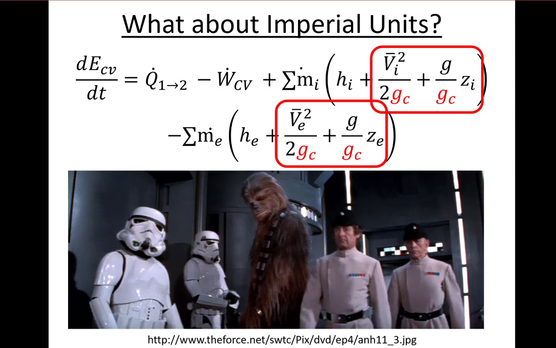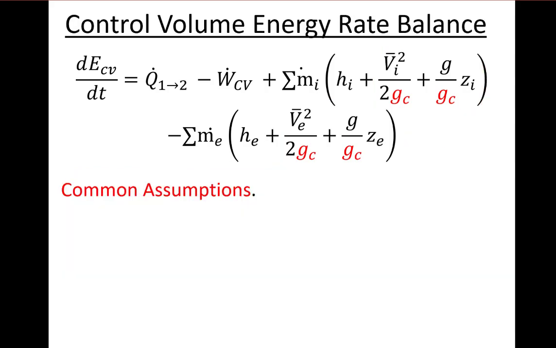So it's still going to be those same two terms. It's still our spidey sense, or the hairs on the back of our neck, still standing up when it's these two terms, the kinetic and potential energy terms. But the strategies for dealing with them are a little different if we're using feet and pounds versus if we're using meters and kilograms. So the units here are important.